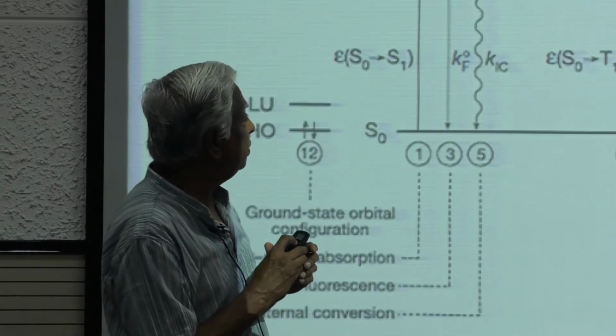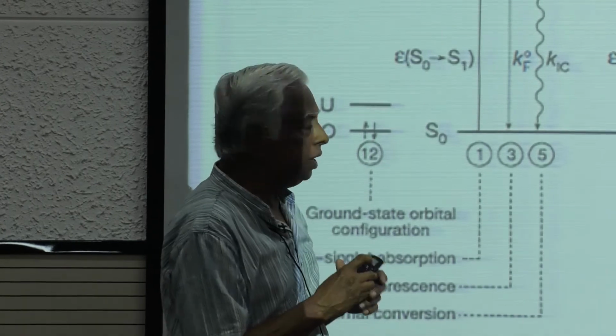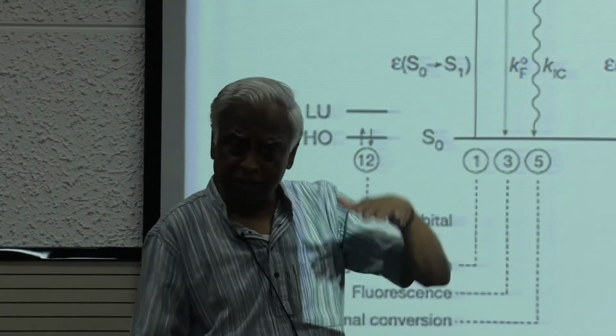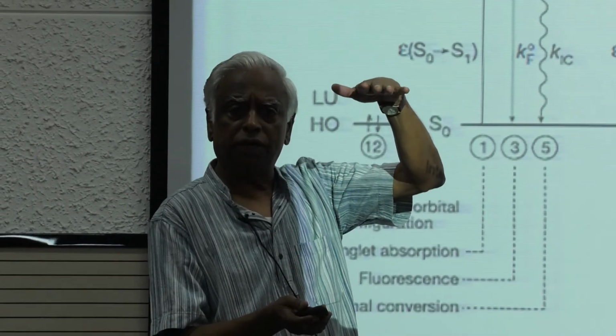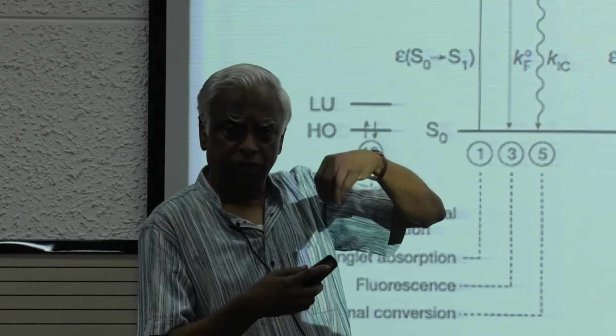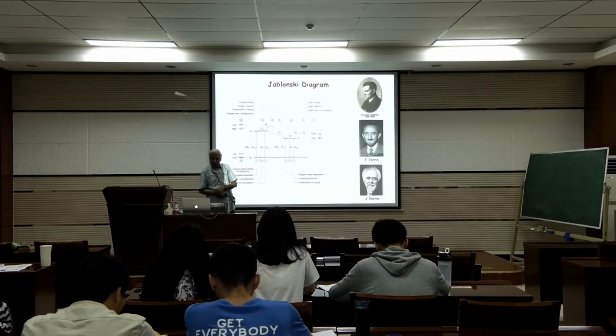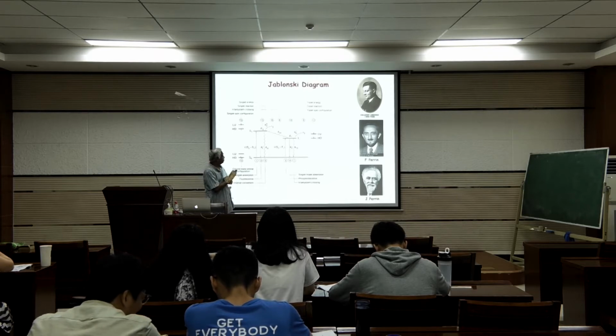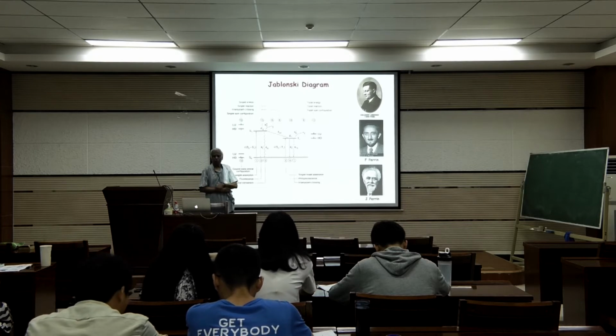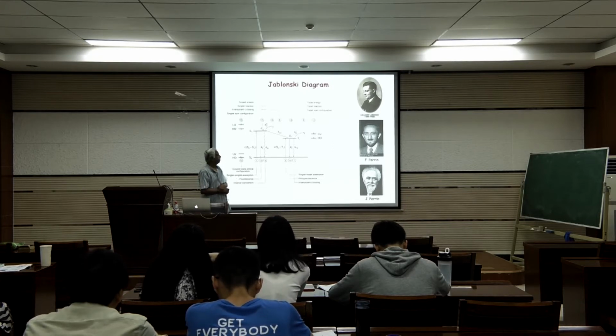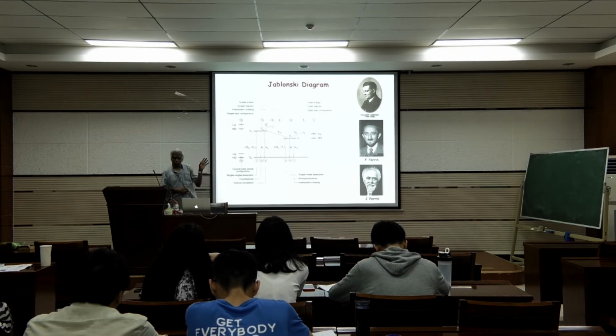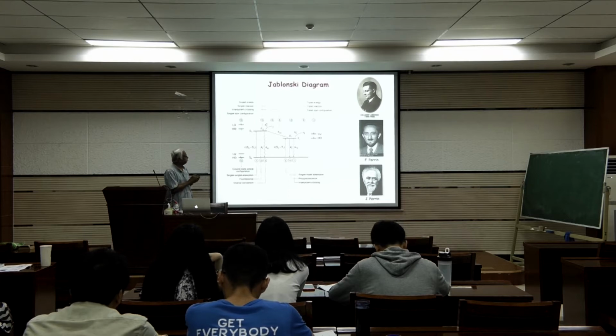The molecule is coming from here back to here, but it is not emitting light. But whatever energy it has got, like 100 kilocalories, it will give it away in small pieces, like 5 kilocalories, 2 kilocalories, 1 kilocalorie, pretty soon it will come back here. That one is called internal conversion, okay? And that has different rules, which, if we have time we can discuss, if not, it is not that important.